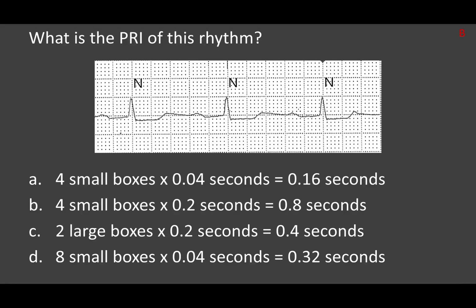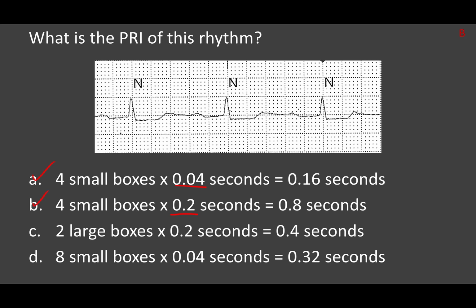What is the PRI of this rhythm? And so you'll need to go through and figure out how to measure this out. And you can use a couple different methods. It's your job to figure out which one's correct. Now, is the PRI 4 small boxes? And if it is, do you multiply it times 0.04 seconds or do you multiply it times 0.2 seconds?